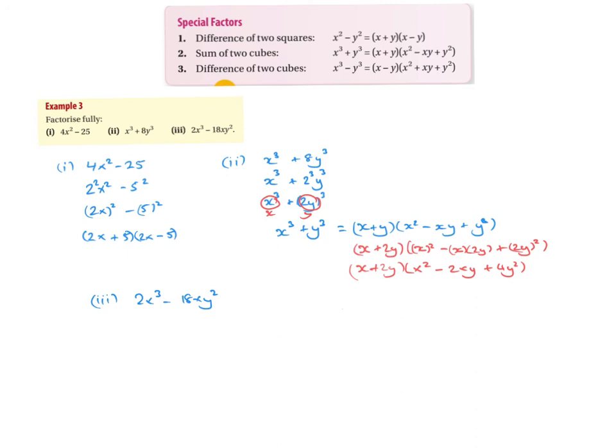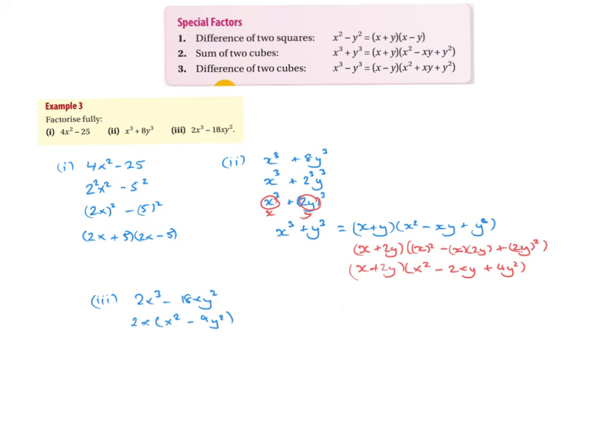So let's take 2x out, and that means we're going to have x squared minus 9y squared. Notice what we've done here. There's a cube, there's a square, so there's no difference of 2 cubes, there's no difference of 2 squares because of the cube and the square here.